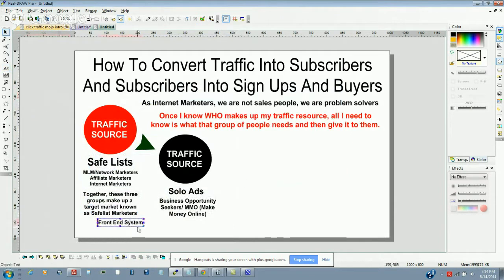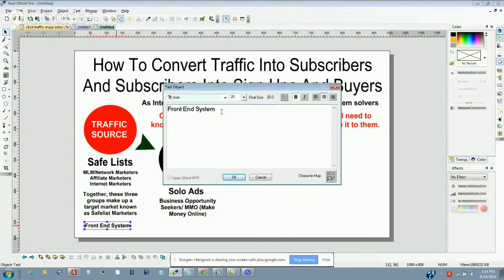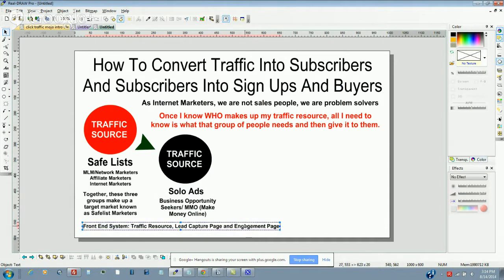Okay, and your front end system, okay, is made up of your traffic, resource, and lead capture page and engagement page, which we're going to talk about here today because we didn't talk about engagement this morning.